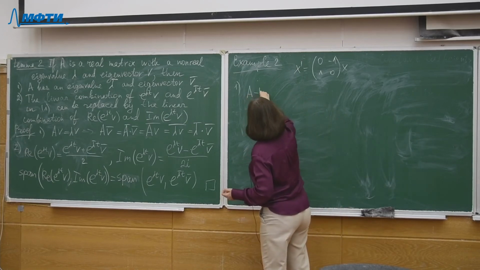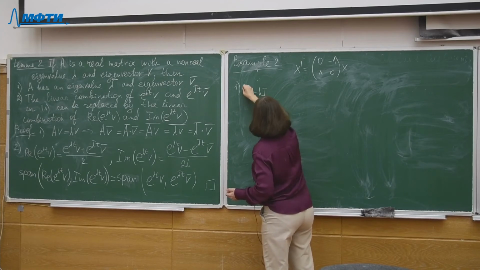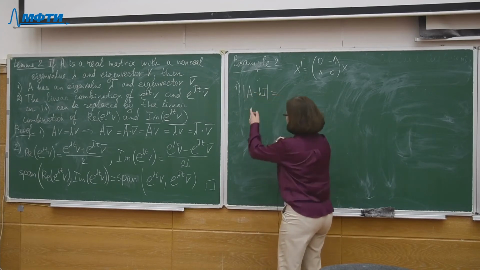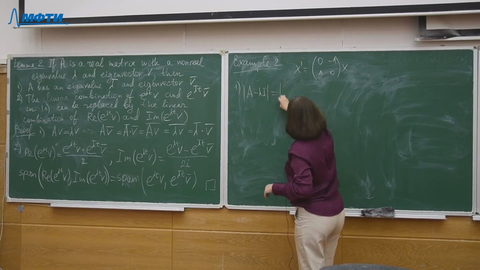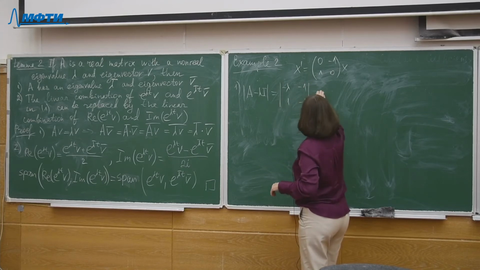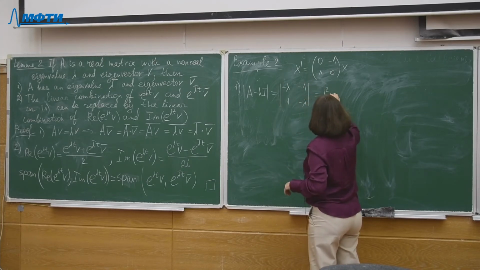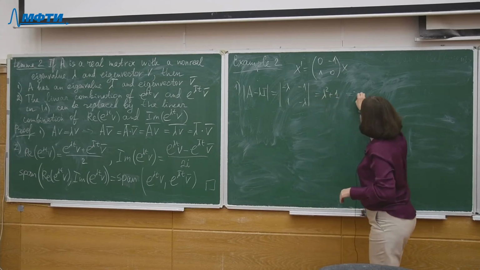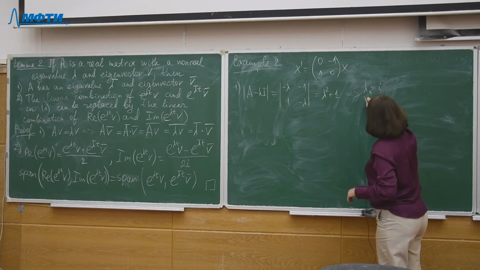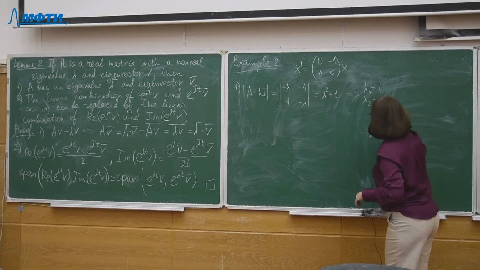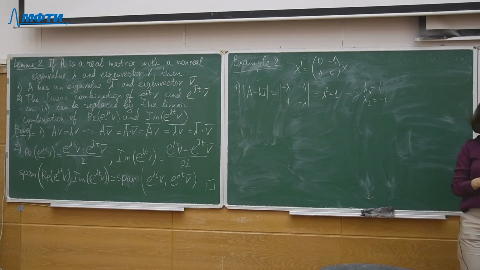The characteristic equation is the determinant of A minus λI, which is the determinant of negative λ, negative 1, 1, negative λ, equals λ squared plus 1. λ1 is i, and λ2 is negative i. They are complex conjugates.